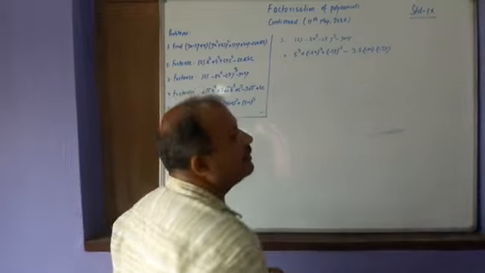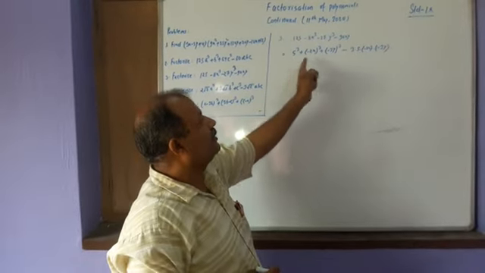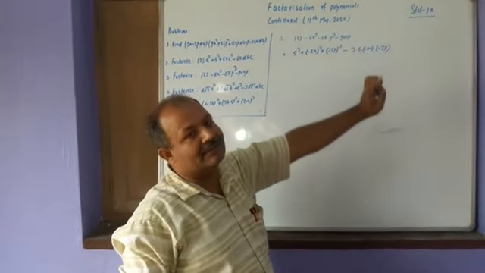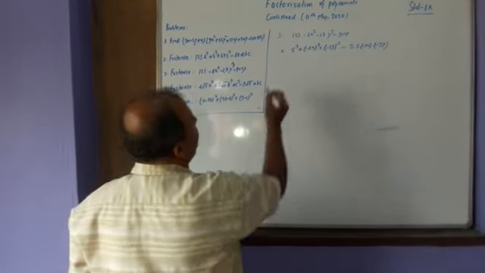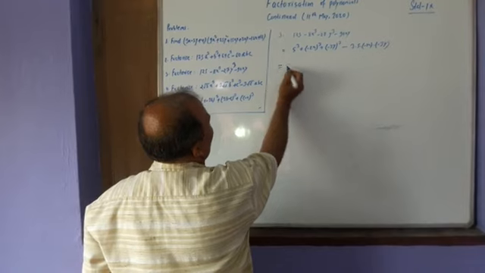Now it is of the form a cube plus b cube plus c cube minus 3abc. Then we have to follow the identity we have just discussed before.